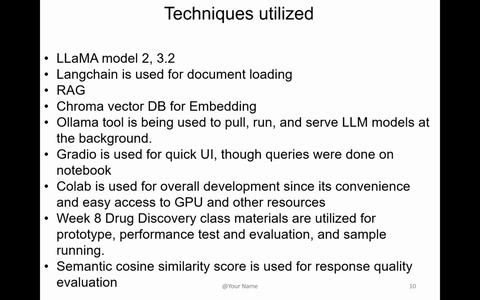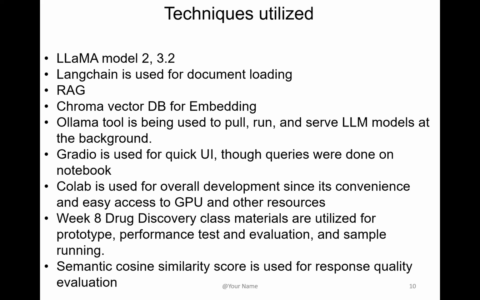We use Gradio to quickly build a UI, although most of the queries for the prototype were conducted in the notebook. Colab is used for development because my local laptop is not that powerful. I like to use the GPU on the Colab platform. The sample data is the week 8 drug discovery class materials.